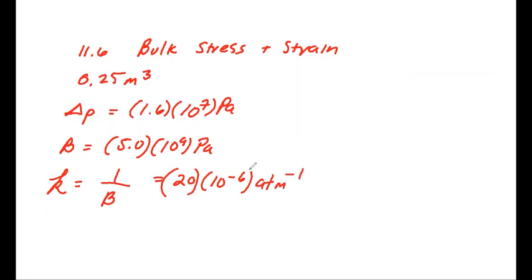So they converted it from pascals to atmospheres and then took the reciprocal. Okay. So we want to know the change in volume. So it's given by delta V equals original volume times the change in pressure divided by the bulk modulus.